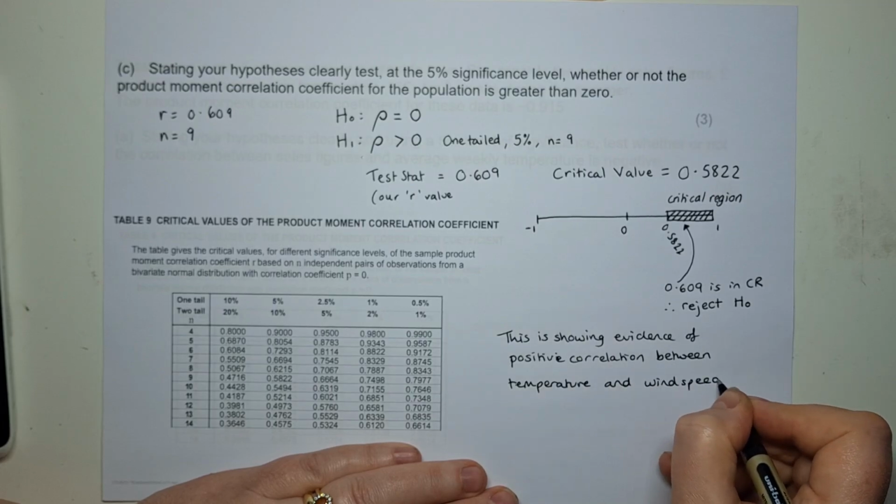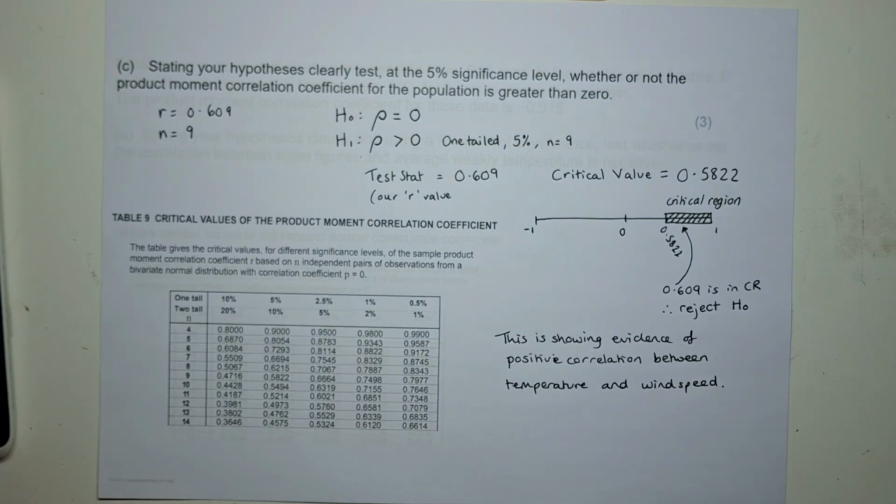Interpreting that would mean that hotter days are more windy. I don't know if that is generally the case, but that's what this data seems to show, because we've got positive correlation between temperature and wind speed.